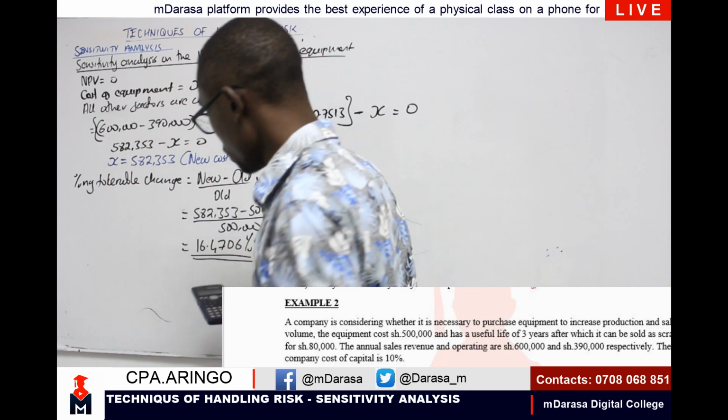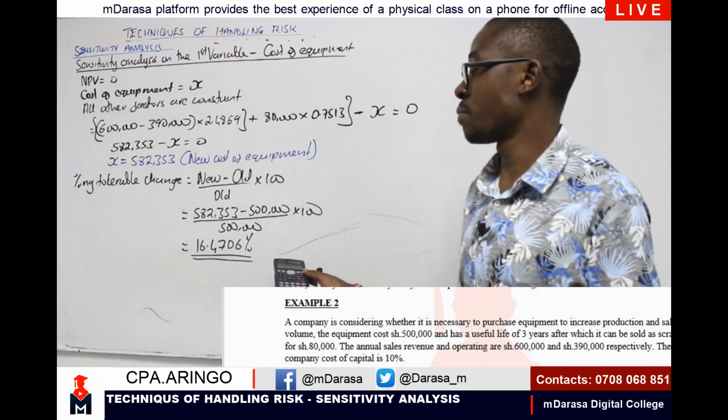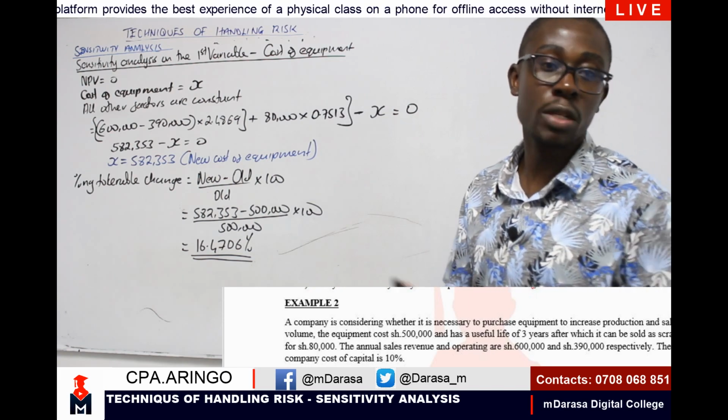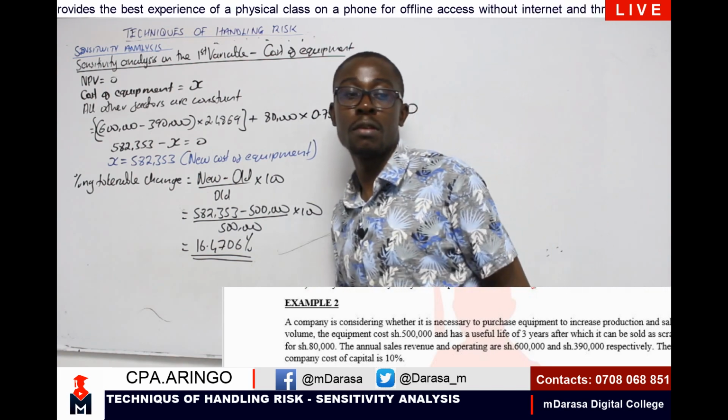Because if the cost of equipment increases by more than 16.4706%, it will clearly show that my NPV will be negative.